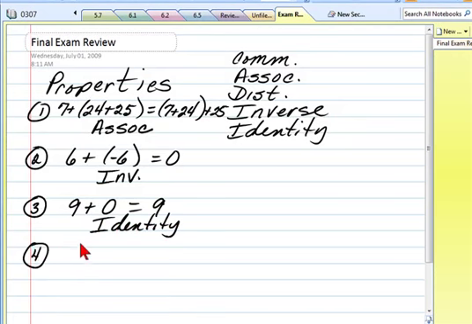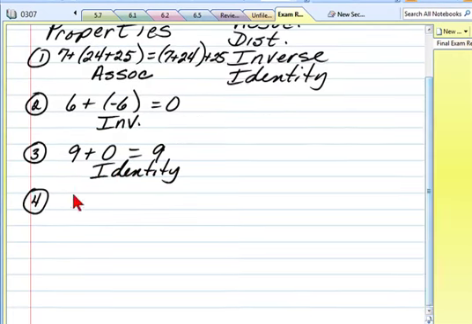Number 4, I have 1/3 times 3 is equal to 1. We're dealing now with multiplication, but what's the relationship between 1/3 and 3? Inverse. Those are the multiplicative inverses.